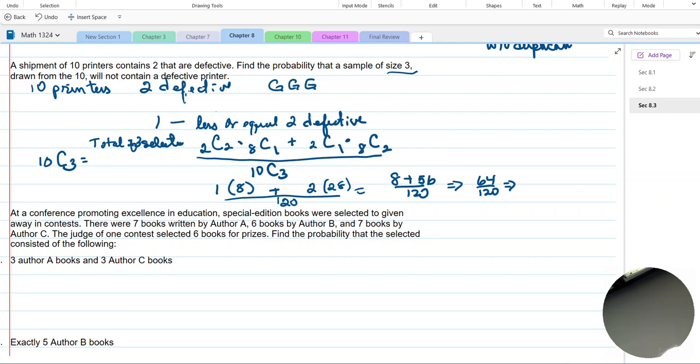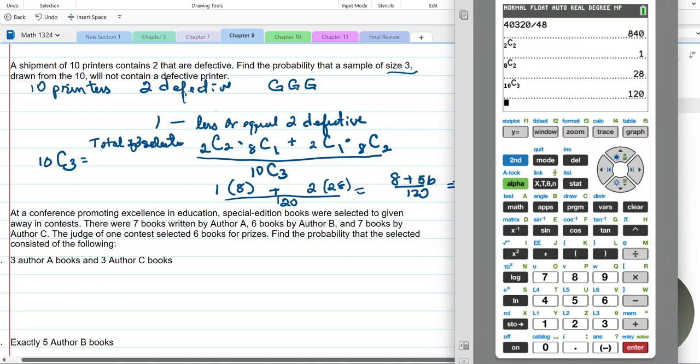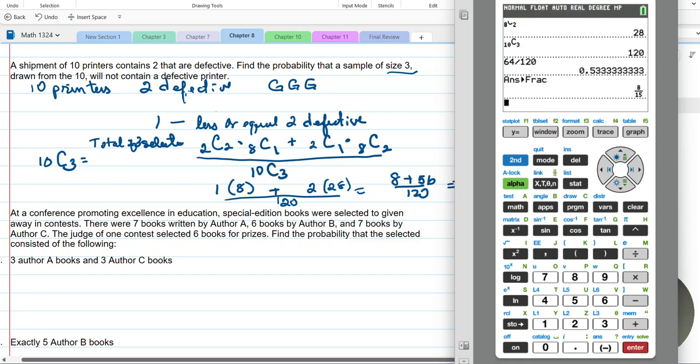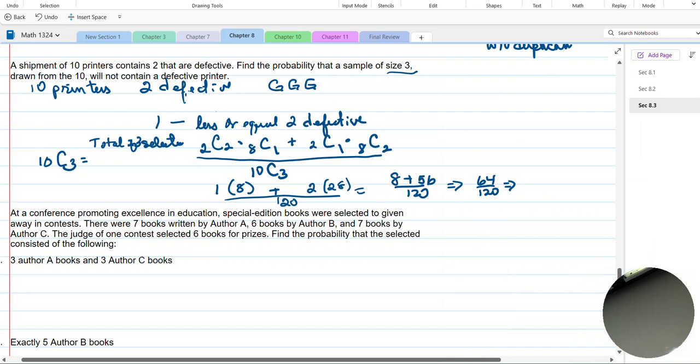Do math frac, and that's going to give me 8 out of 15.